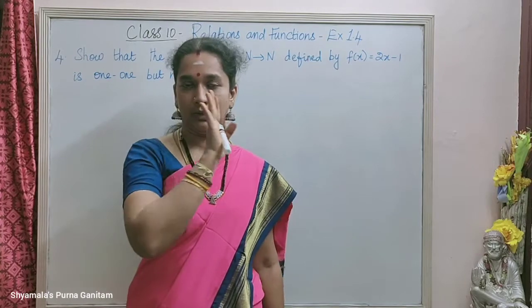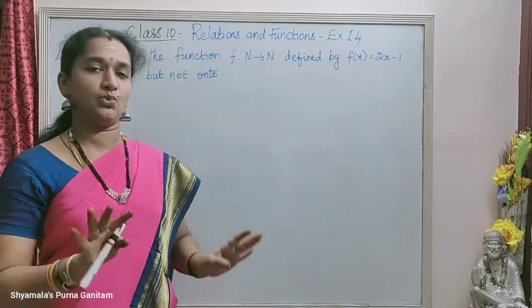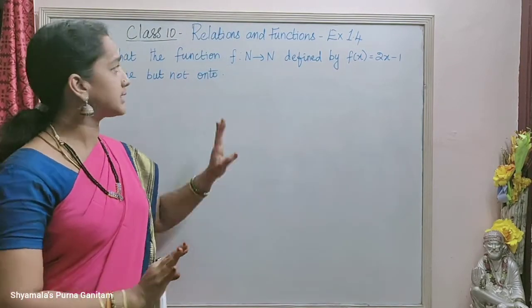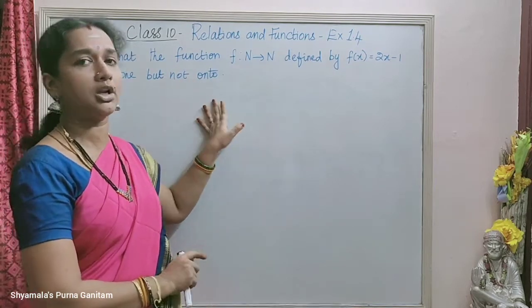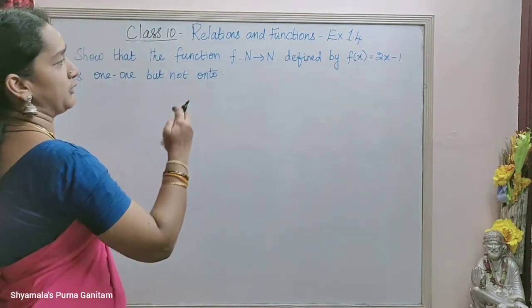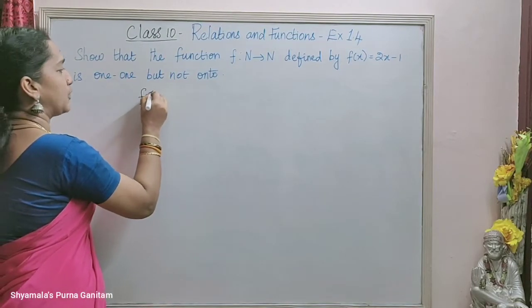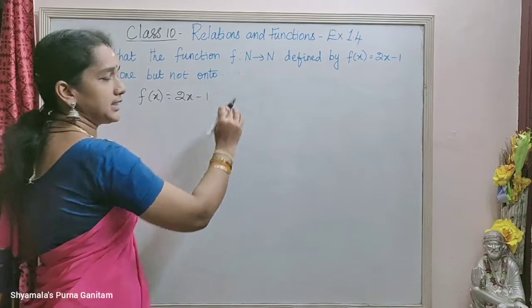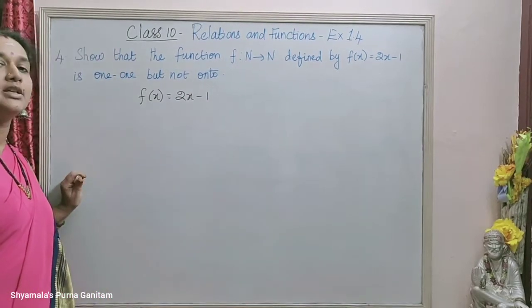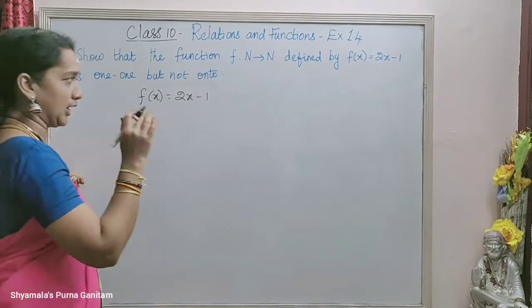So we will show this. First, the function is defined as f of x equals 2x minus 1. Since it is given as natural numbers, we will take the numbers from 1.